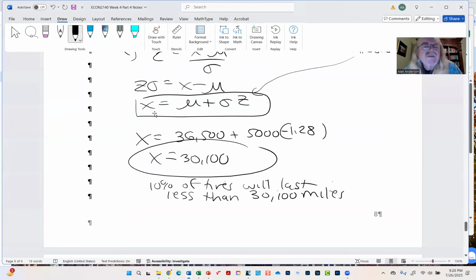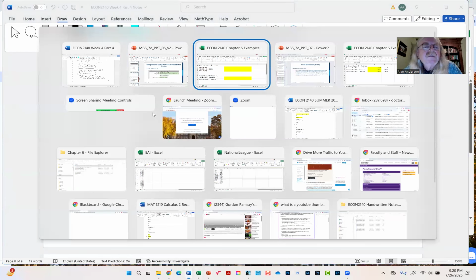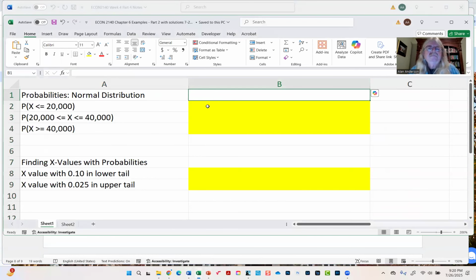So the mean is 36,500. And the standard deviation is 5,000.